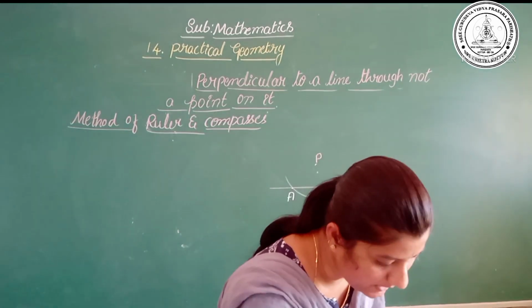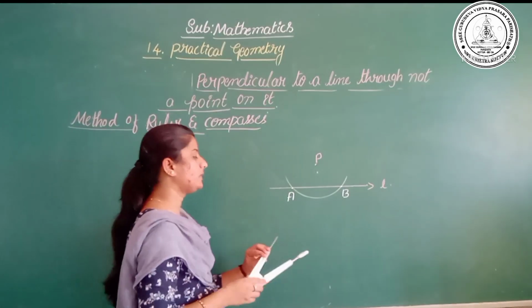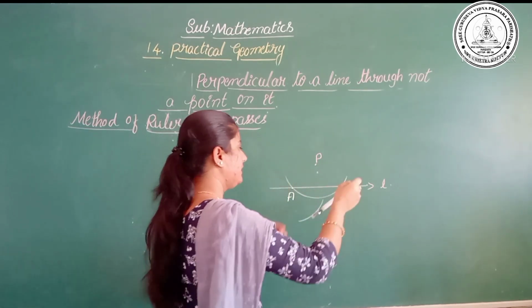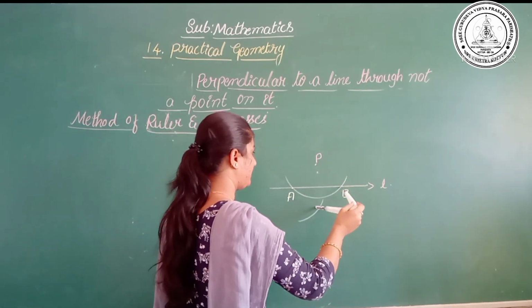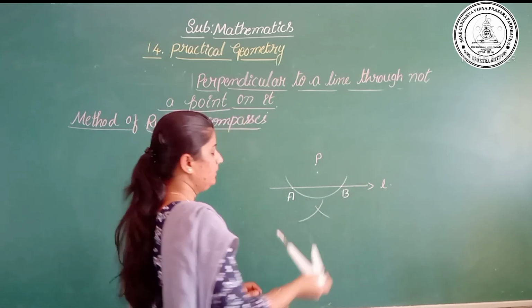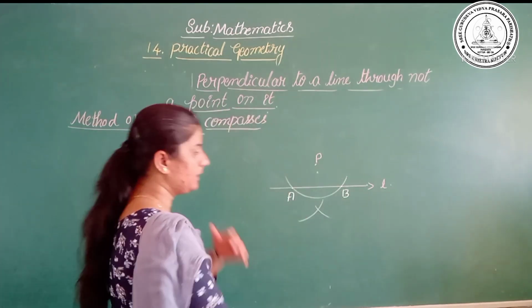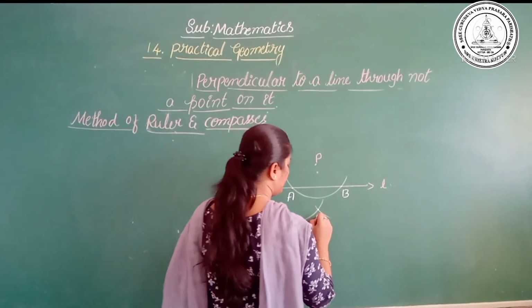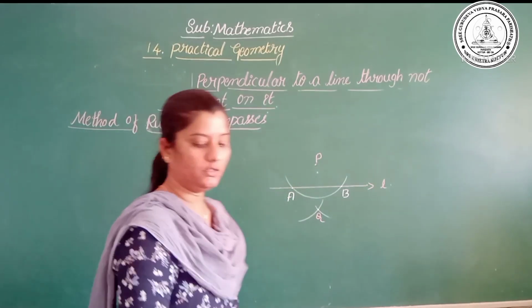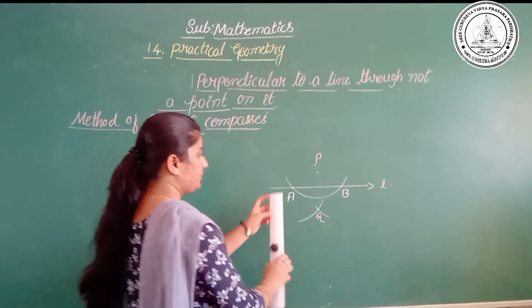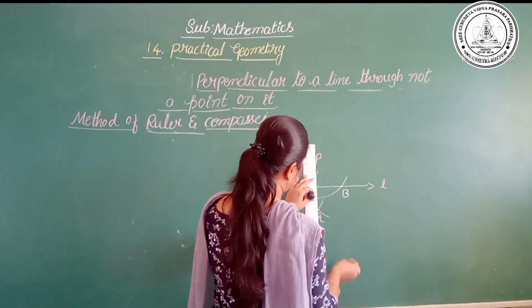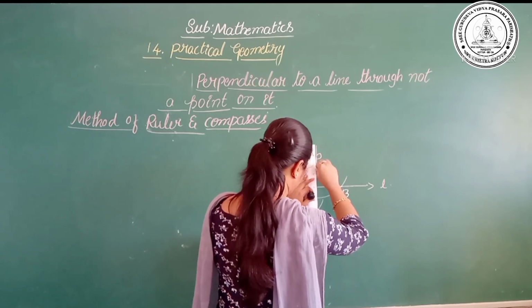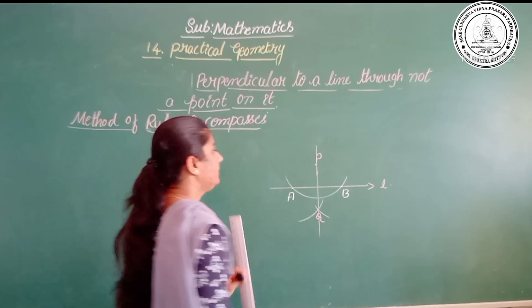Now using the same radius with the point A, draw an arc, and with the same radius draw an arc from the point B. Now we get one intersecting point, that is the point Q. Now join the points P and Q using the ruler.